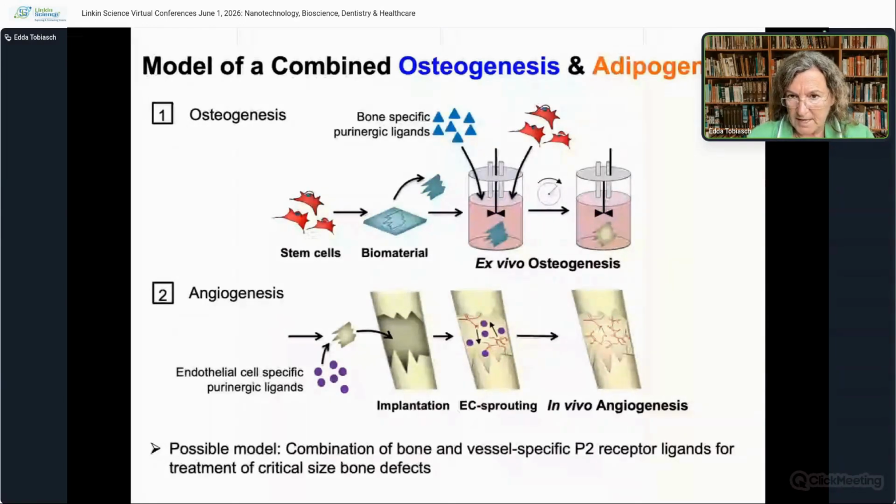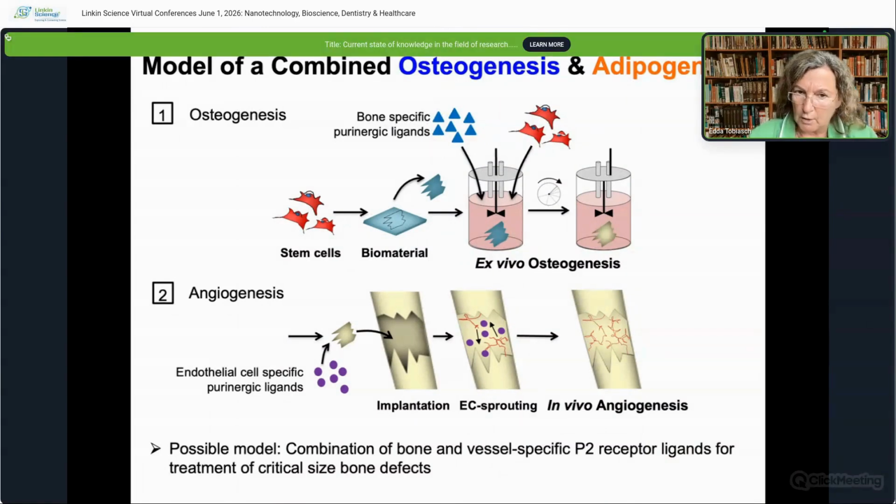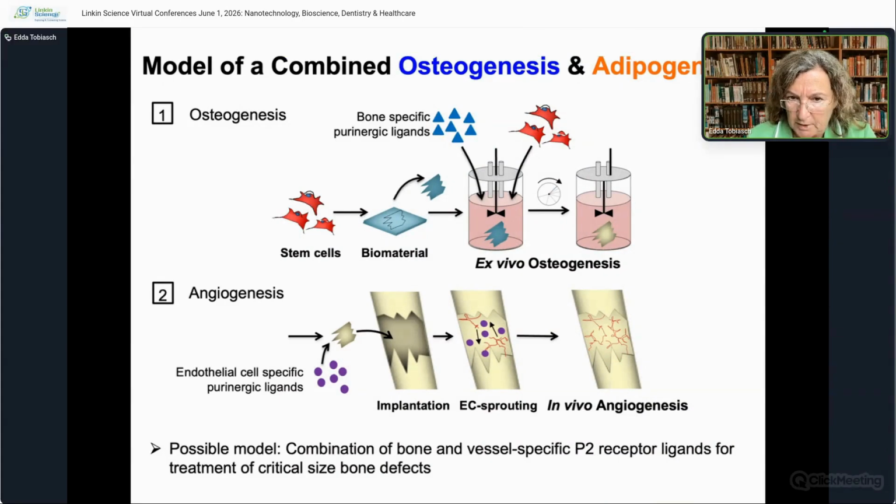Then you can use that biomaterial, which is now loaded with stem cells differentiated towards osteoblasts, and put that in a bone defect. If you then need angiogenesis as well, you can use endothelial-specific purinergic ligands from the outside to have endothelial sprouting from the bone material into that artificial tissue.